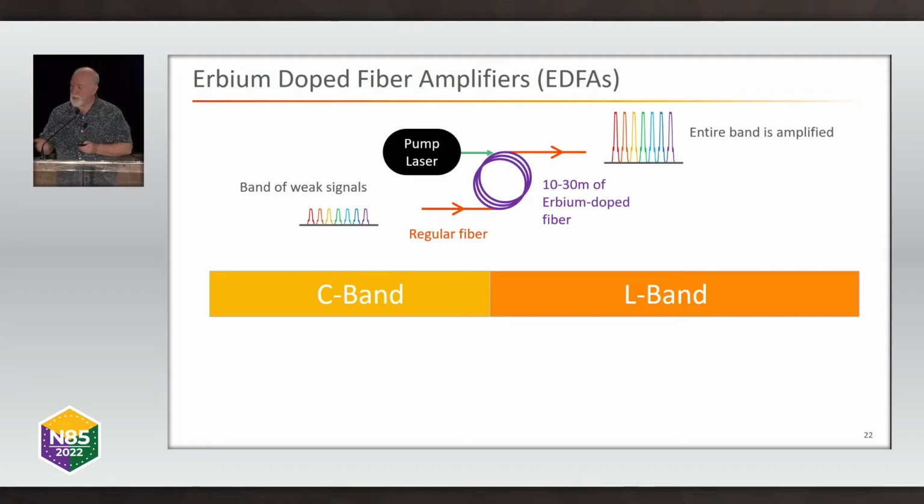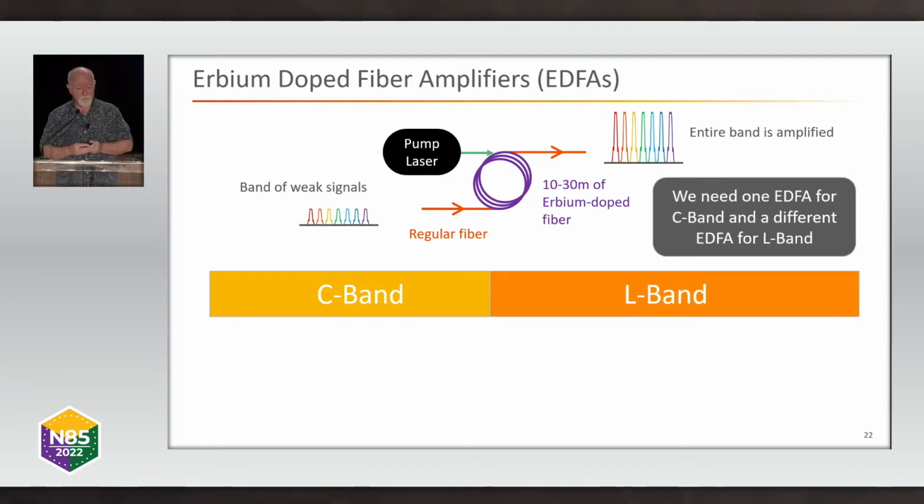And here we see the C band and the L band shown, and we need an EDFA in the C band, and we use a different EDFA in the L band. You can't quite get enough bandwidth to cover both bands at the same time, but C band EDFAs have increased their bandwidth over time.